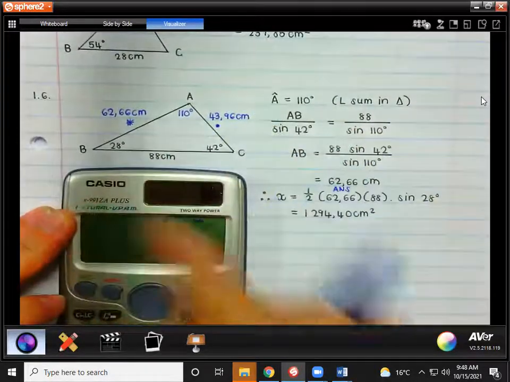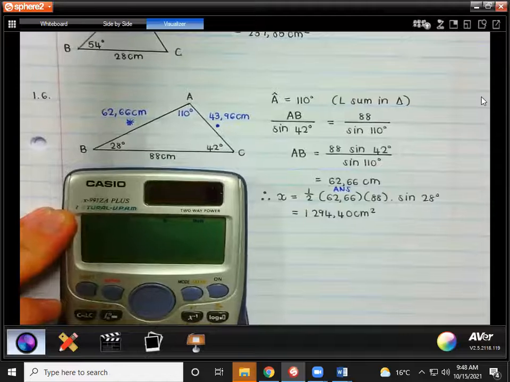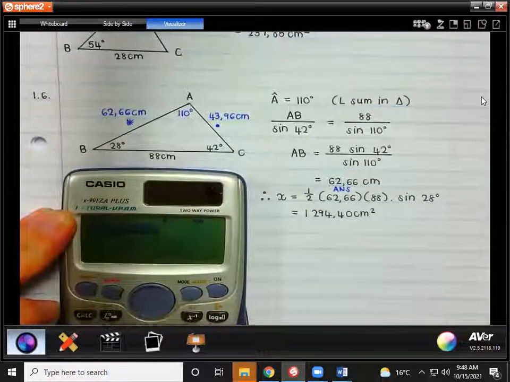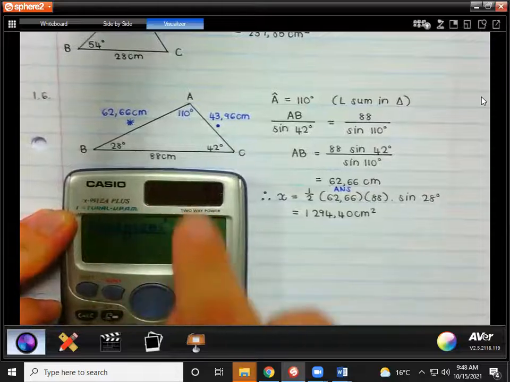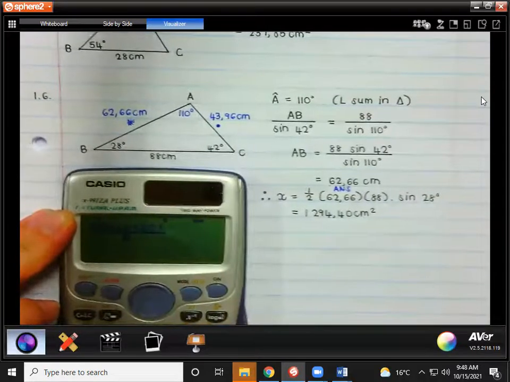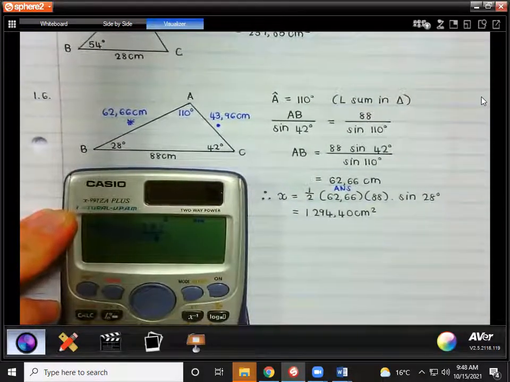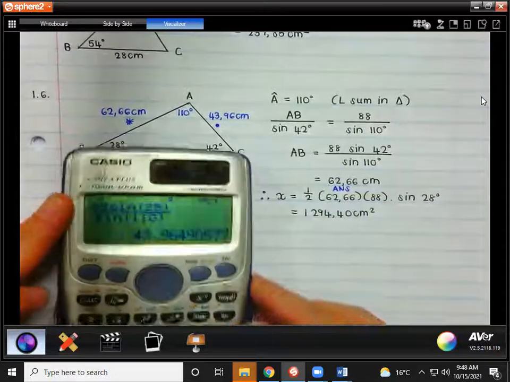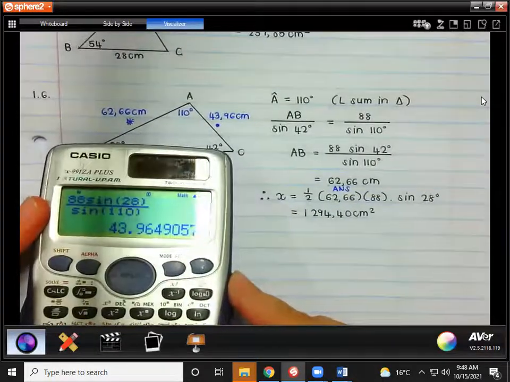So that over sine 28 is that. So it's going to be 88 sine 28 over sine 110. Yeah, okay, so that was the answer for AC. So if you calculated AC, it was that.